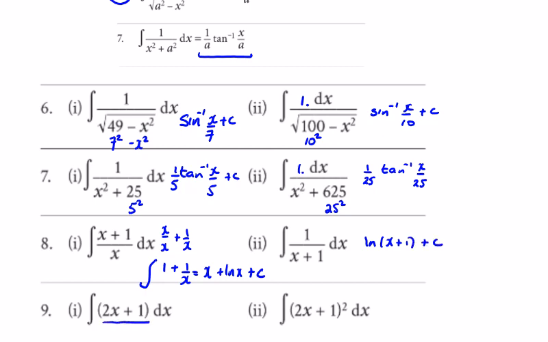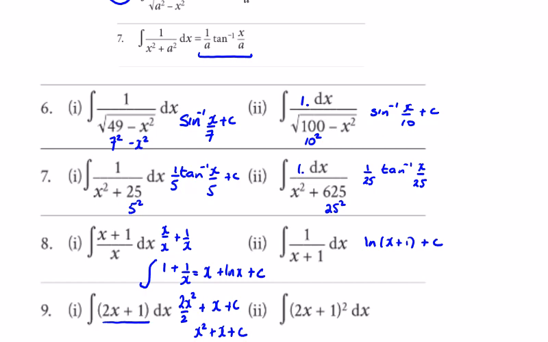2x plus 1 dx is just going to be 2x squared over 2. Increase the power by 1 and divide, which becomes x squared plus x plus c for 9 part 1. And the square, well, we could multiply out the brackets.